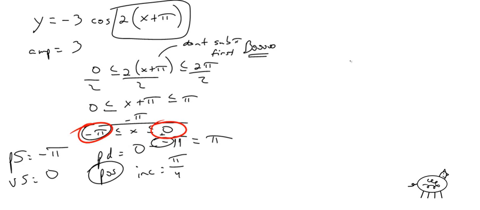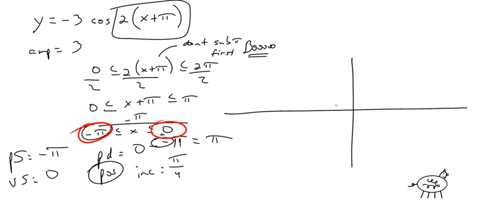So I'm going to draw it a little like this. It starts at negative pi and it goes by pi over 4. So I draw a nice graph: negative pi over 4, negative pi over 2, negative 3 pi over 4, and negative pi.